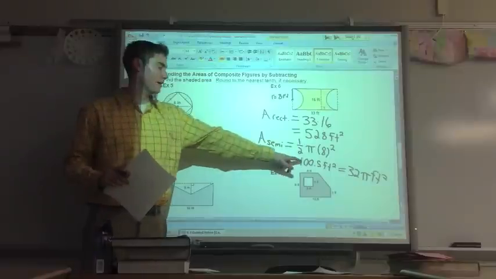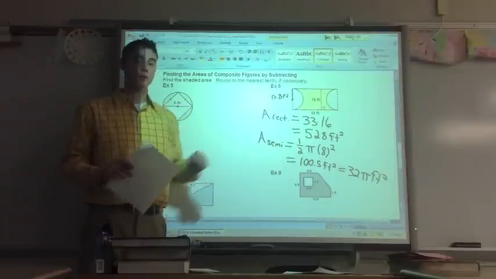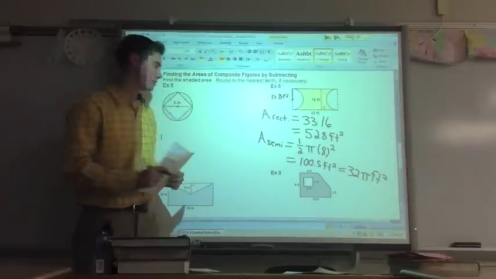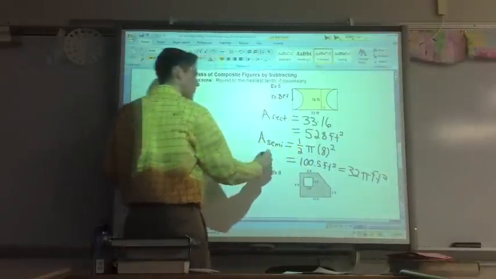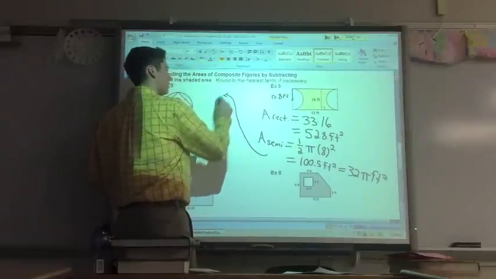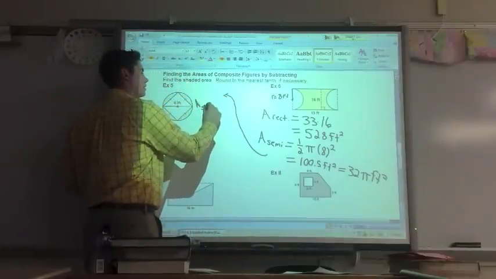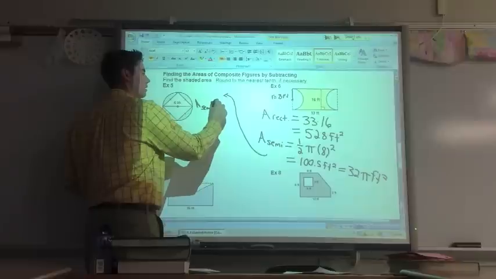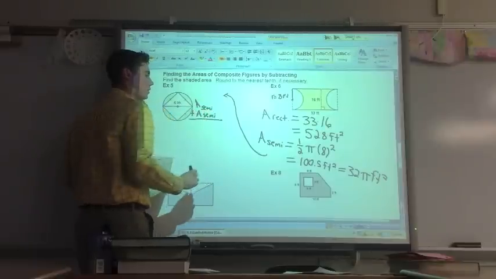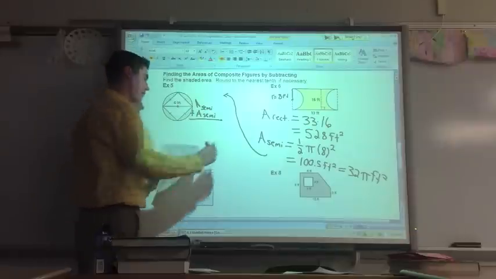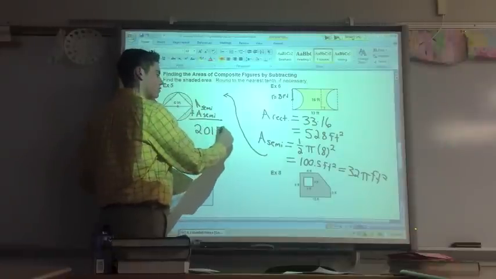And then we take that value and we double it, because we have two semicircles. And so when you double this, you end up getting the area. The area of the semicircle plus the area of the other semicircle is equal to 100.5 plus 100.5, which is 201 feet squared.